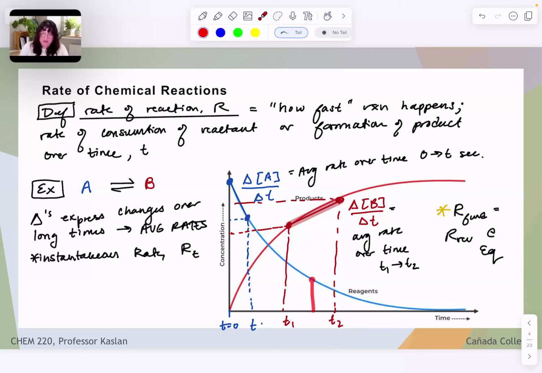Then I would need to use a derivative, meaning I would need to find at this point exactly what the slope of my line tangent to the curve is, because that will tell me the rate of change at that exact point. So this is what we call the instantaneous rate. It's the slope of the line tangent to our decay curve.